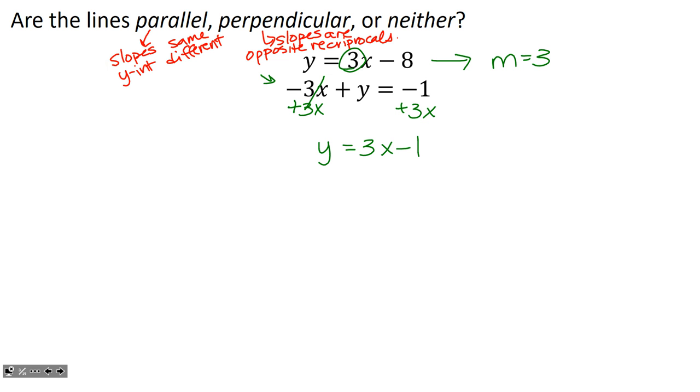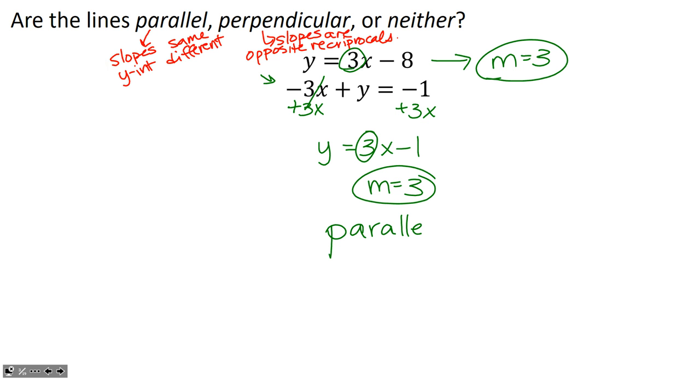Now that I have this solved for y, I can read my slope off, and it's 3. So both of these have the same slope, so that tells me that they're parallel. And remember, on your test, we talked about this. I could ask you a question on the open-ended portion that says, are they parallel, perpendicular, or neither? And I could say, explain. You would have to say, they both have the same slope, which is 3, so therefore they're parallel.